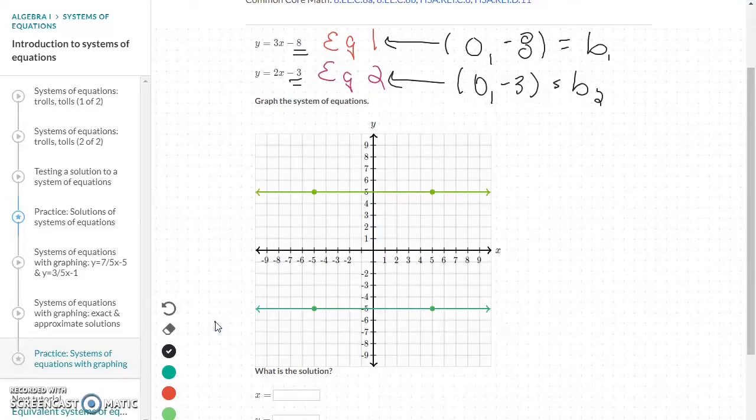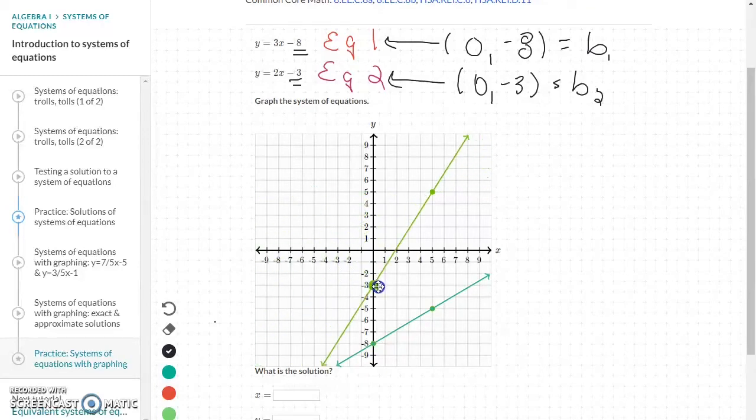So if you notice, I identified the y-intercept in the first equation as (0, negative 8), and the y-intercept in the second equation as (0, negative 3). So I'm figuring if I graph those 2 points for each equation, we can identify the point of intersection.